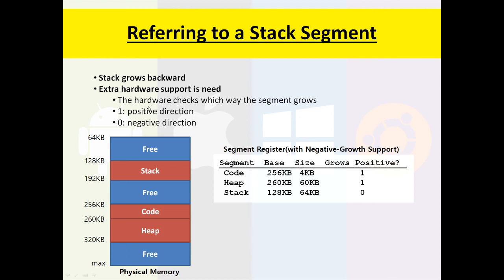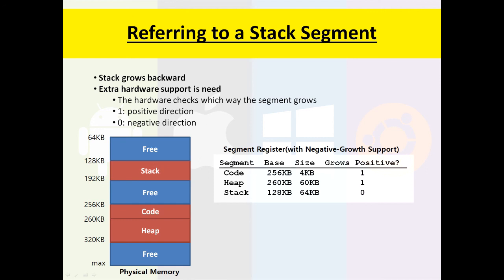So our segment register will have an additional field that indicates in which direction this segment grows. If it's a 1, it will grow in a positive direction, so downwards in memory, or from lower addresses to higher addresses. And a 0 if it grows in a negative direction, so from higher addresses to lower addresses.